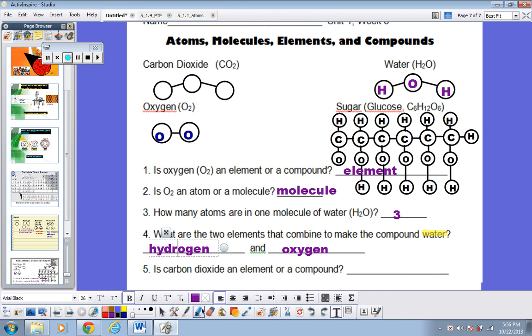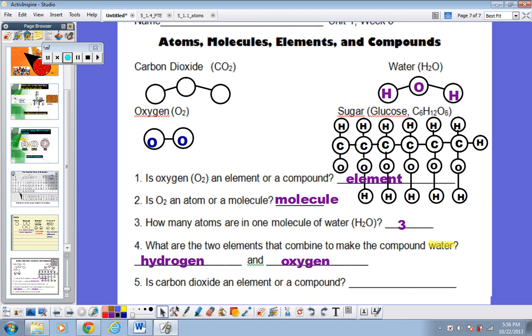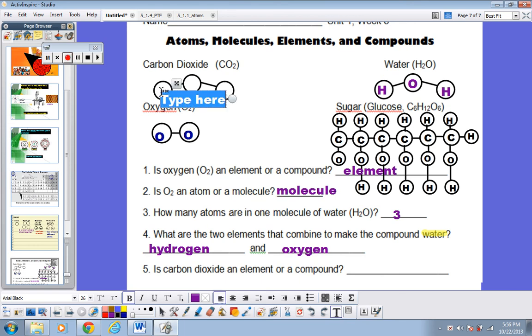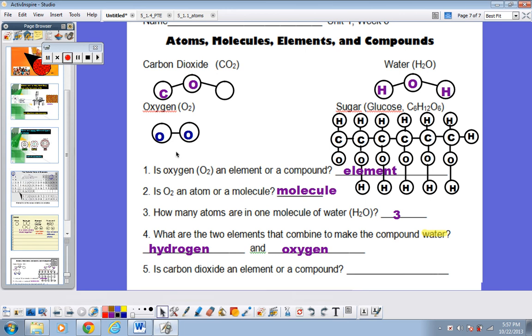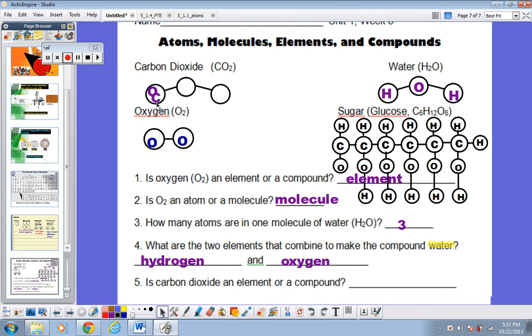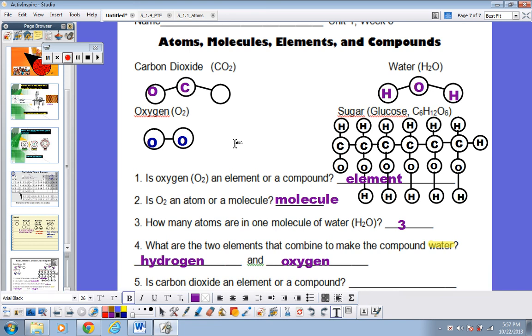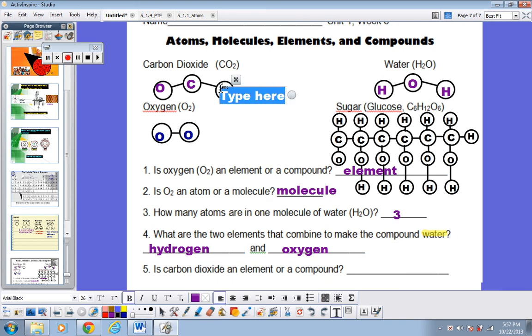All right. And number 5, the last one we're going to do together. Is carbon dioxide an element or a compound? Let's look for carbon dioxide. All right, carbon dioxide is C bonded to O. Nope, I'm sorry, that's wrong. O bonded to C, bonded to O. So take 10 seconds.